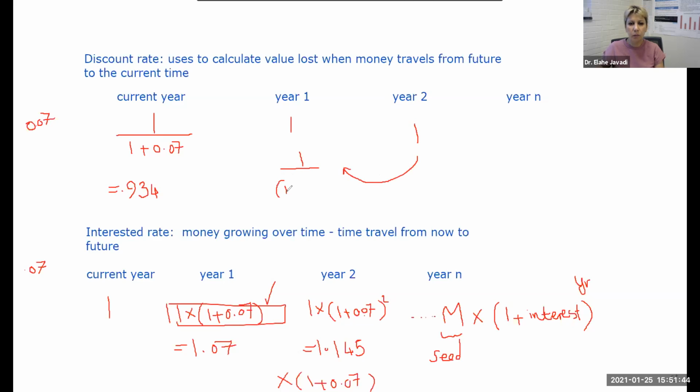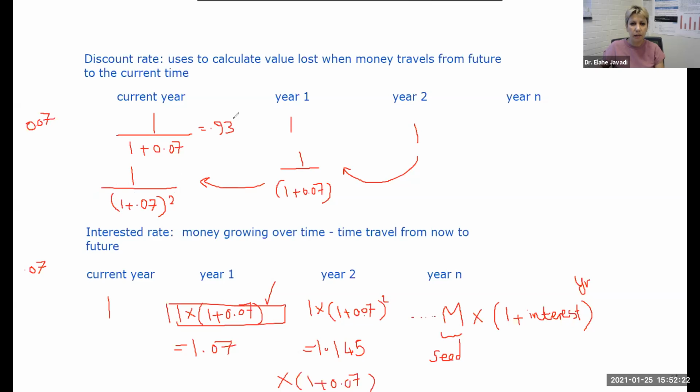This is how much it will worth in year 1. Let me erase that really quickly. And then you have to discount it again. You have to make the money smaller, and this is all by division. Do not do subtraction. You're going to discount it one more time, just like your compound interest. This is compound discount. To know the value for the current year.